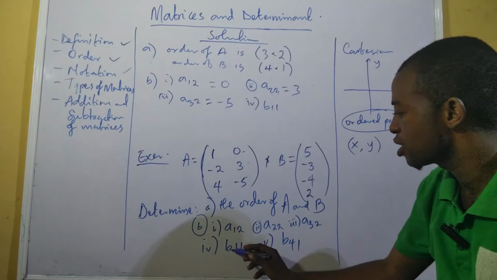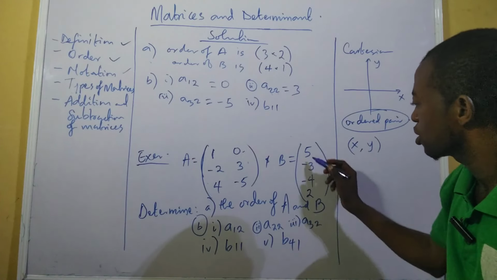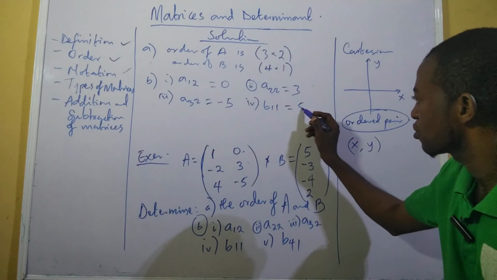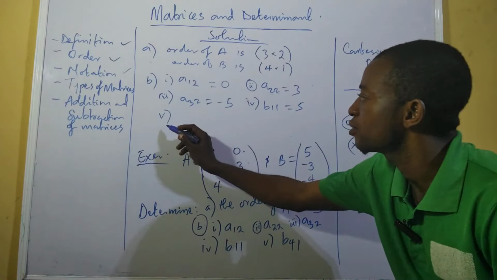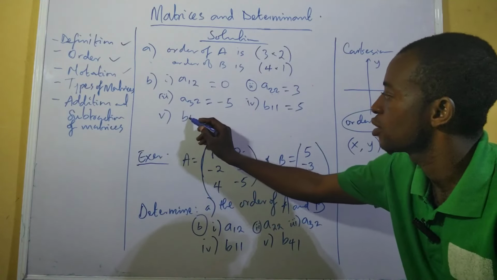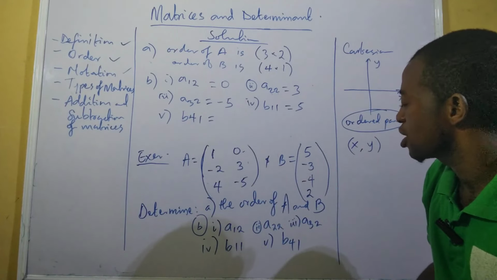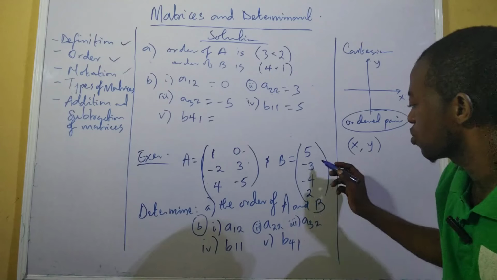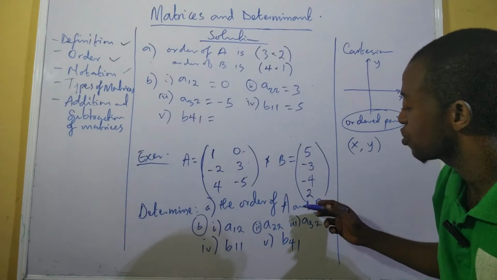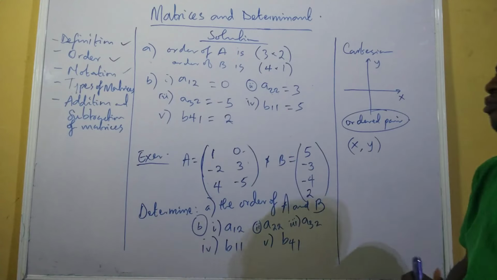This is the element in matrix B, which is in row 1, column 1. That's 5. And number 5, we have B41, which is the element in row 4, column 1. Just a 1 column. So row 4, that's 2. So we have 2 here.